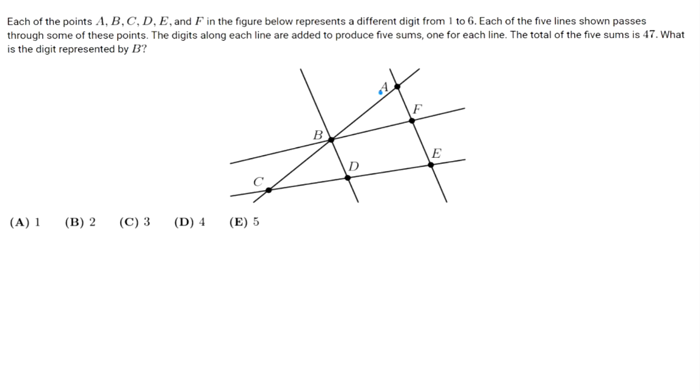So, the first thing you would notice is that every point except B goes through 2 lines. And B is the only one that actually goes through 3 lines. See, 1, 2, and 3. And all other ones, like A, for this case, 1 and 2.